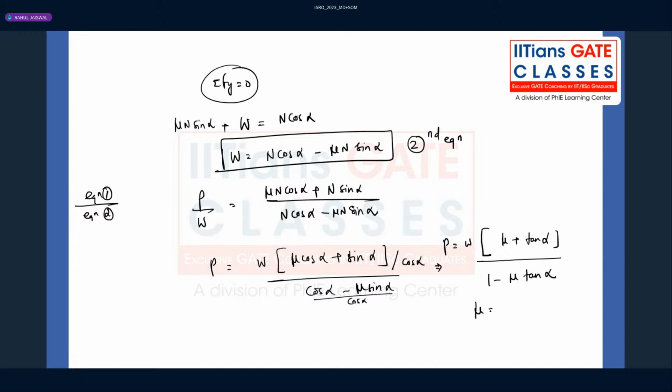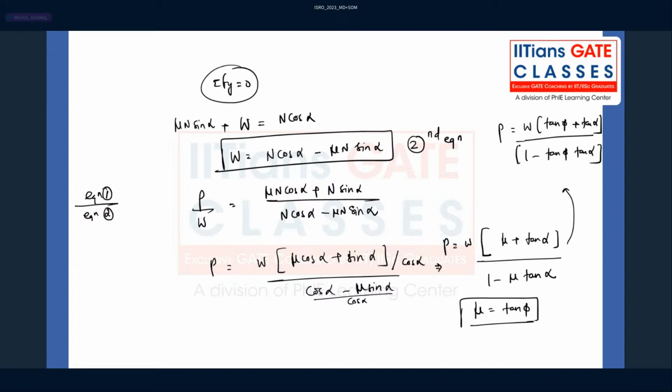What is mu? Mu, we know, is tan phi, where phi is the friction angle. So from here, P is equal to W into tan phi plus tan alpha, divided by 1 minus tan phi tan alpha.